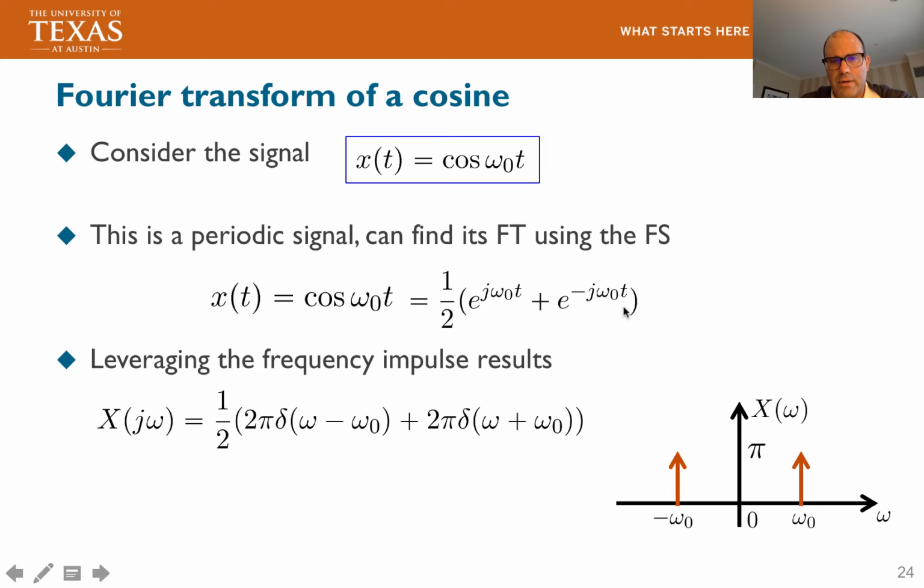Then leveraging the frequency impulse response results, we can write this as 1/2 of 2 pi delta of omega minus omega naught plus 2 pi delta of omega plus omega naught, which gives us pi times delta of omega plus omega naught and delta of omega minus omega naught. So the cosine has two impulses in the frequency domain.